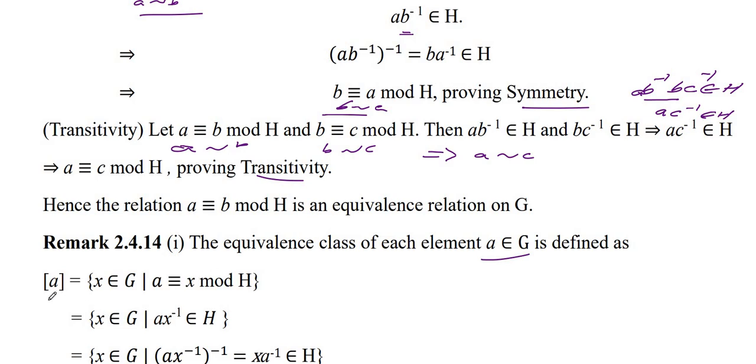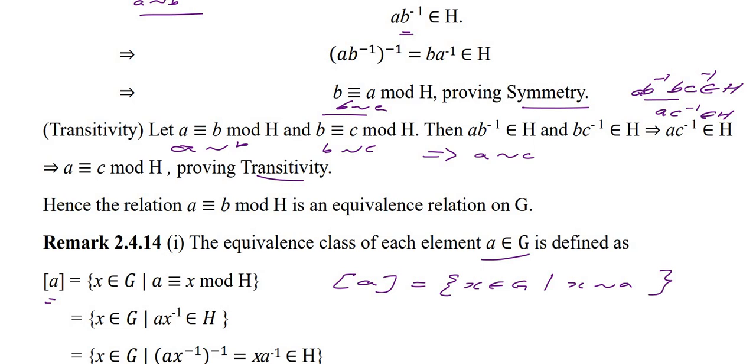By the definition of equivalence class, which we have seen already, it is all those elements which are related to A. So the equivalence class of A is those elements in G that are related to A. But remember, this relation is an equivalence relation.